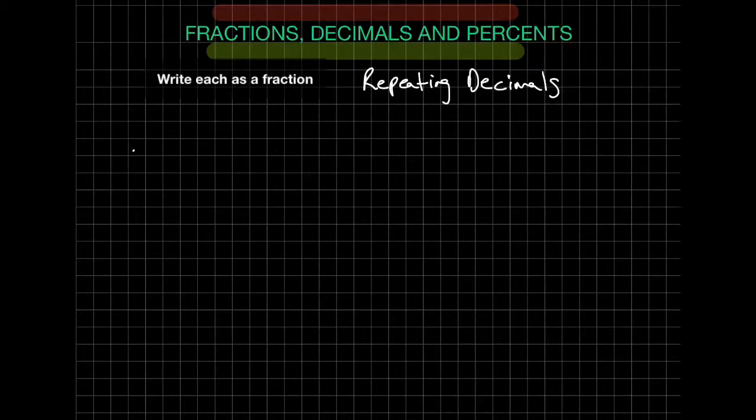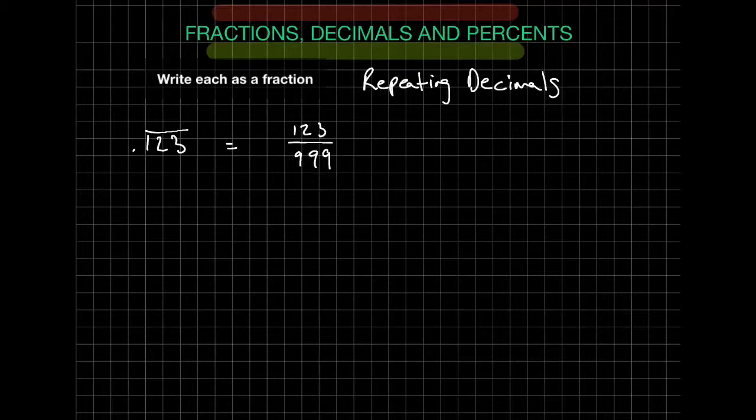So if I have 0.123 repeating, then I'm going to say that's 123/999, excuse me. So we have 3 digits that are repeating, so we're going to use 3 9s in the denominator.